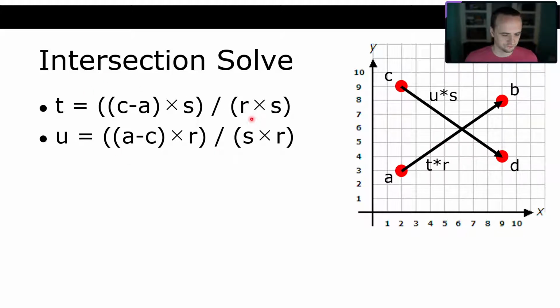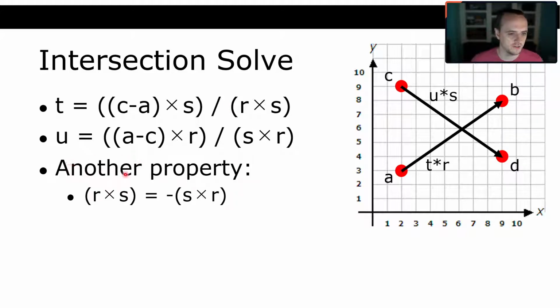So all we have to do is plug it in. However, there's a little optimization that we can do, which is really nice. Here's another property that I'm not going to prove, I'm just going to show you: R × S is equal to negative S × R. That's because there's a subtraction in between, so it gets moved outside when you flip them. So look at this, we've got a C − A here and an A − C here.